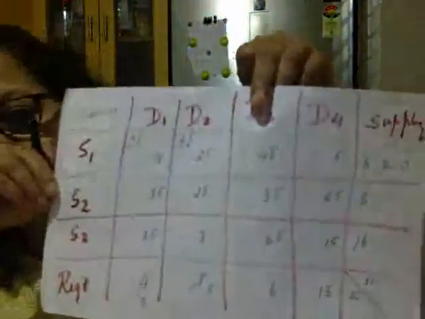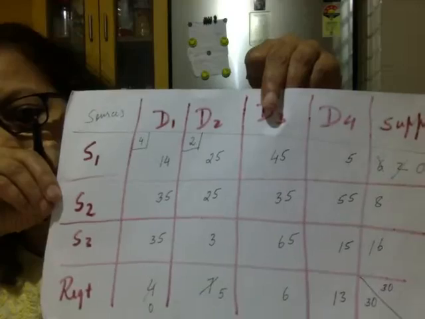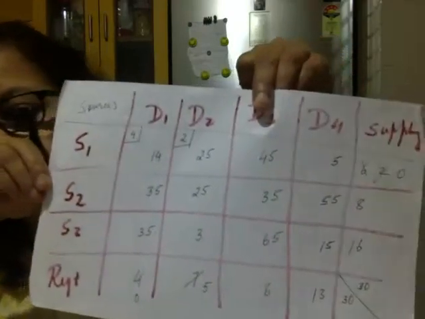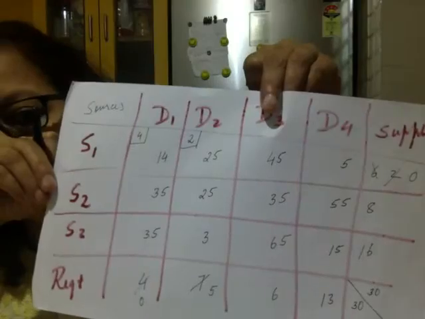D2 requirement becomes 5, 7 minus 2. And then we allot 2 from S1 to D2. Alright, so S1 has become dummy for us, so has D1.